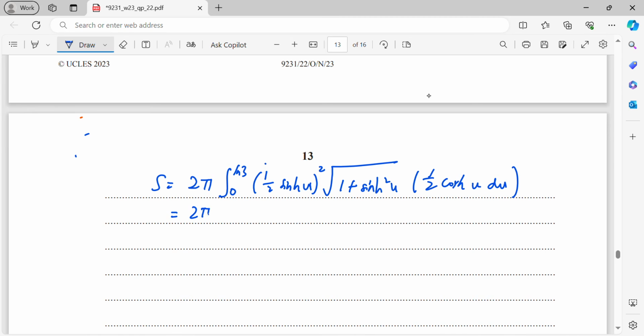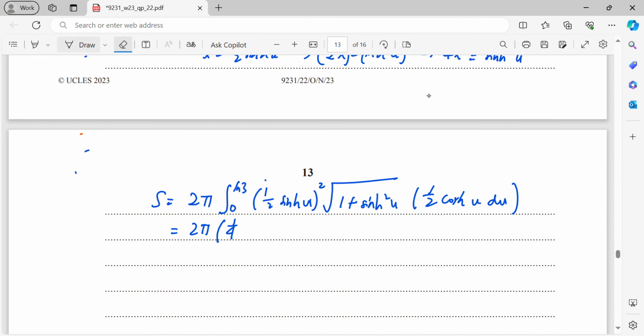So I will write 2 pi, bracket 1 over 4, integrate 0 to ln 3, sine squared u, square root of 1 plus sine squared u, then half cos u du. So the half and 2 will be cancelled off.